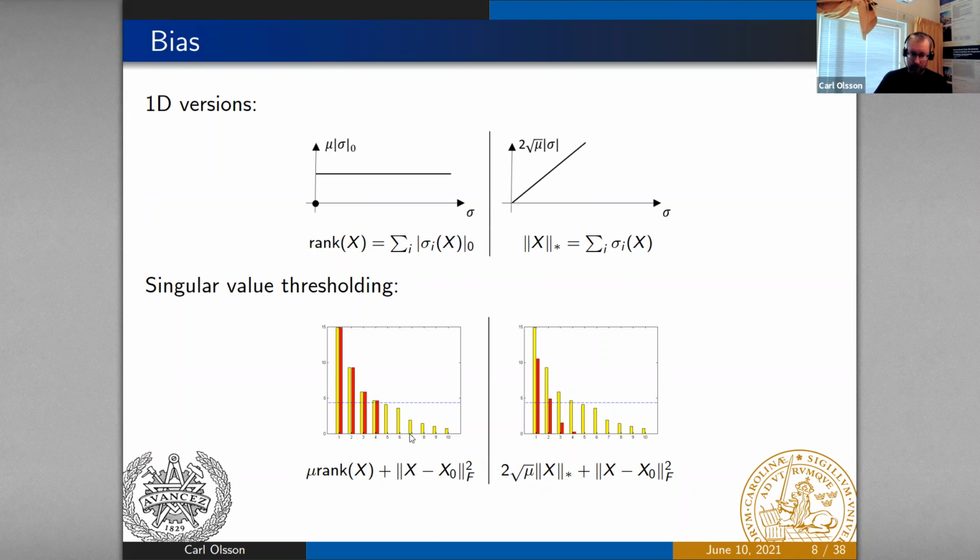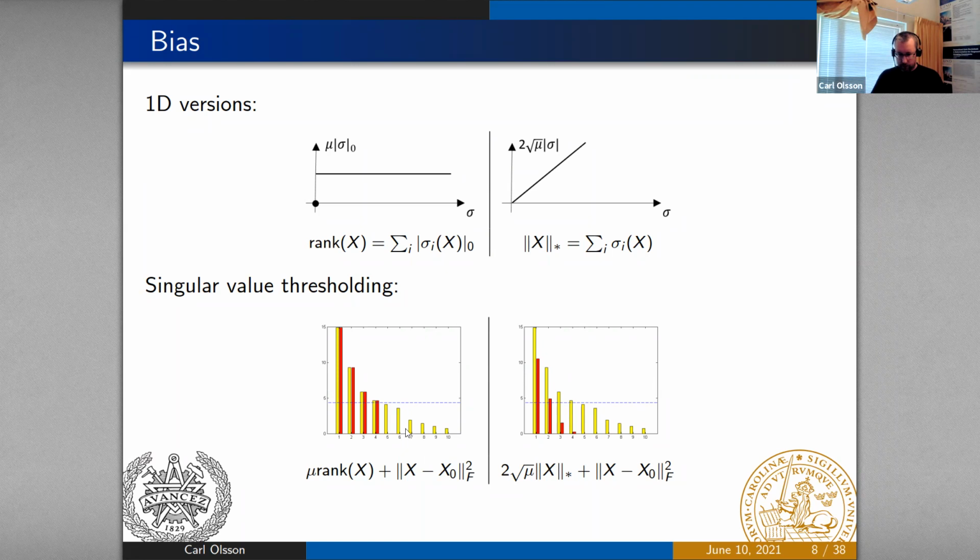So these will be the optimal singular values for X. So this, which is below square root of mu, is classified as noise and suppressed, and this is left unchanged basically. But when you have this bias, what happens is that you subtract from both this noise and from the signal, you will subtract basically the bias, right?